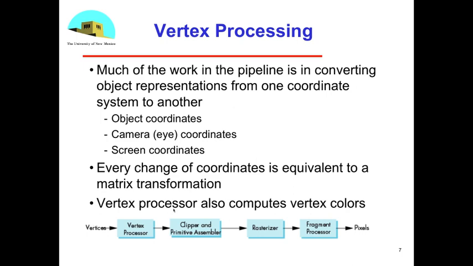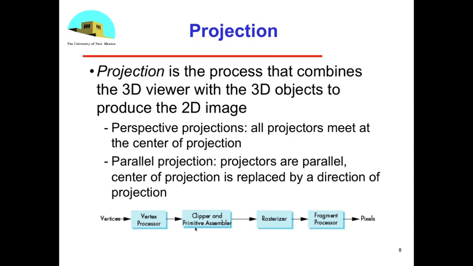And the other thing that this vertex processor can do, the most important one, is to compute a color for each vertex and send that along with the vertex. We don't have to define colors there, but generally that's the most obvious place to do it. It's the one that's used the most. So with each vertex, there's an attribute called its color, and if that color needs to be processed, for example, getting that color as a result of some lighting and shading calculation, we can do that in the vertex processor and send it on.